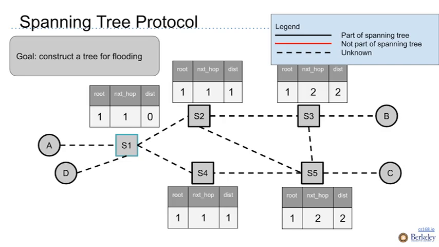Let's start with S1. Which links do we know definitely would be part of the spanning tree, and which ones are definitely not, that S1 at this point can tell? Say it again. Both of them. S1 has 4 links next to it. Which both?